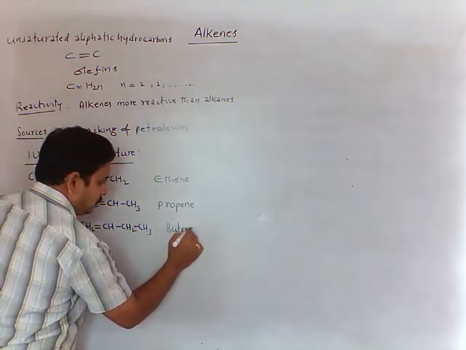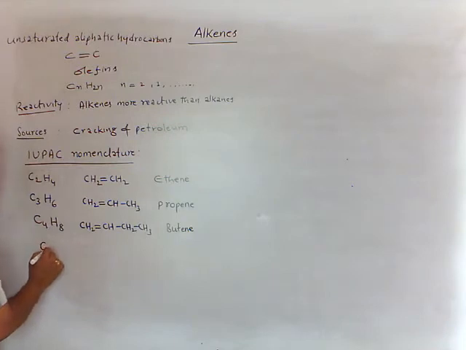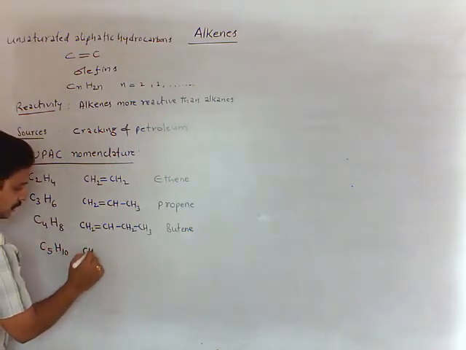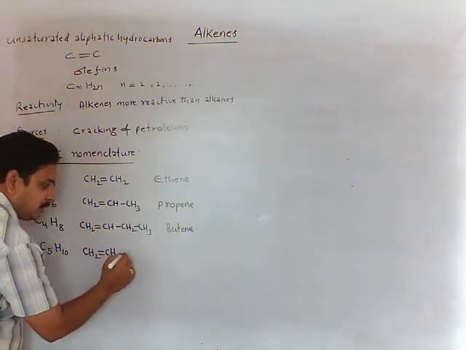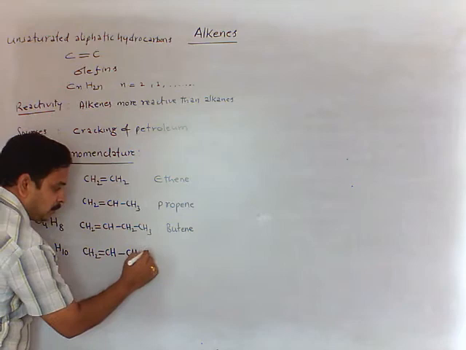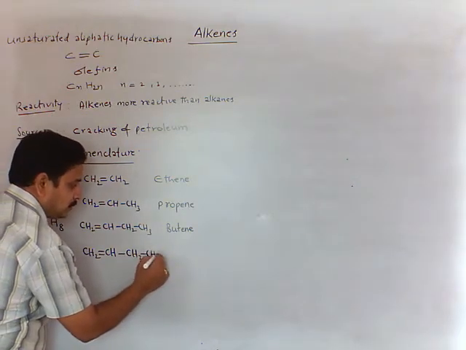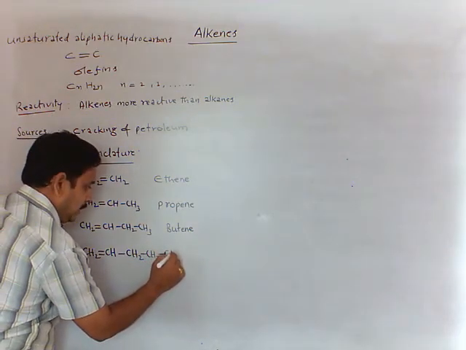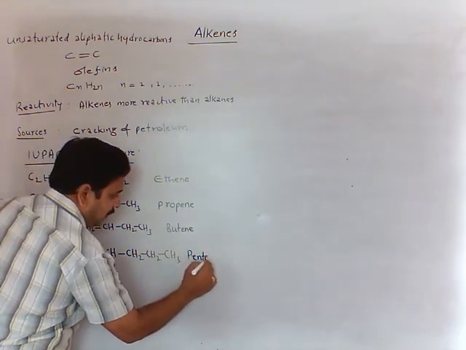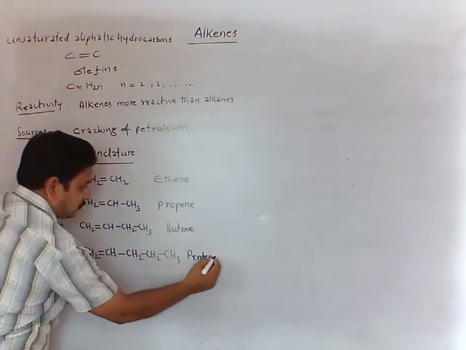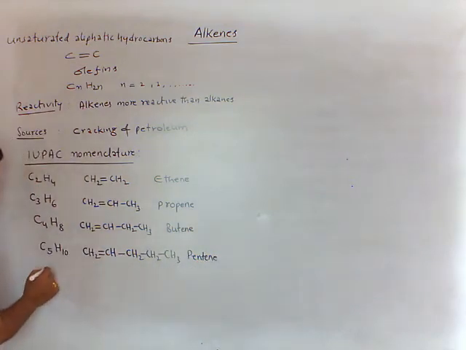This is butene. Now I am taking 5 carbons, C5H10, CH2 double bond CH, CH2, CH2, CH3. This we are called as pentene. C6H12.